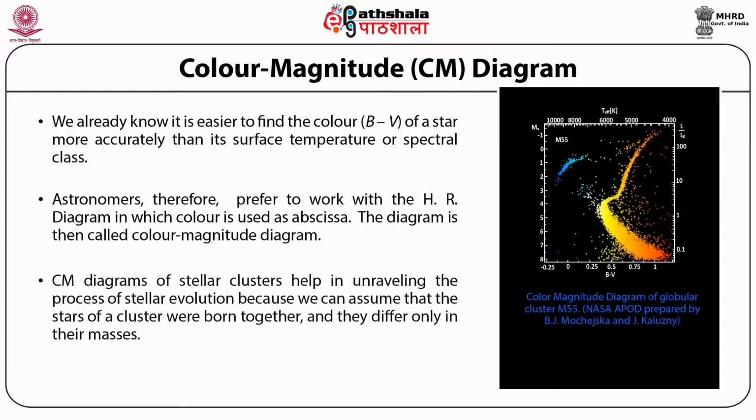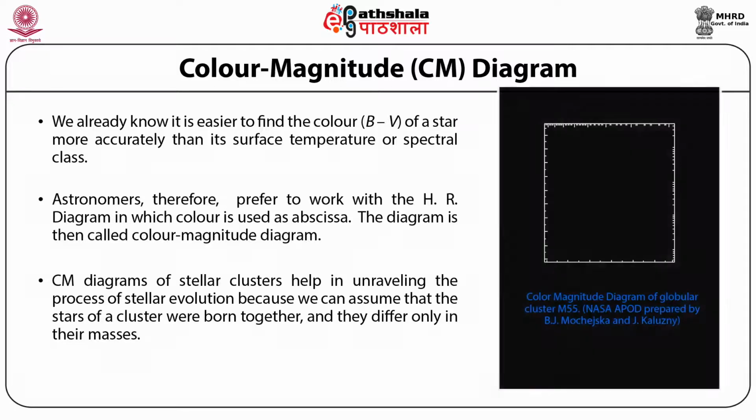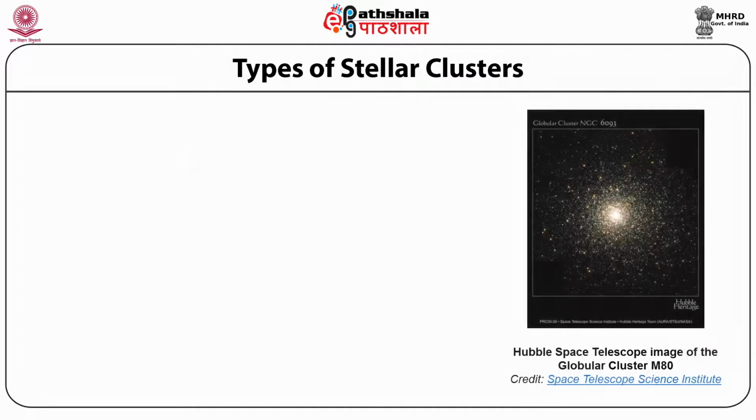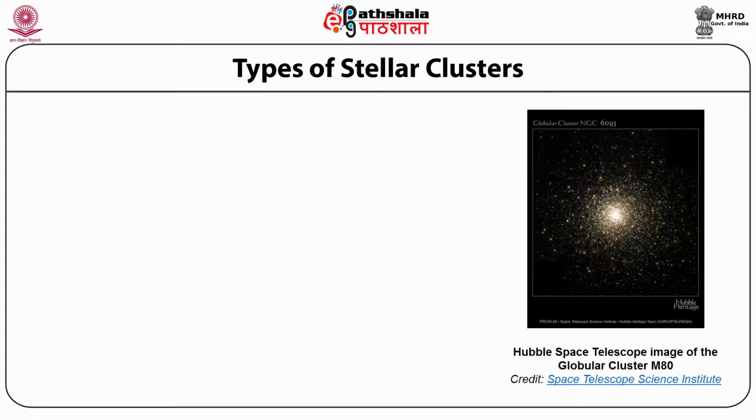CM diagrams of stellar clusters help in unraveling the process of stellar evolution, because we can assume that the stars of a cluster were born together and they differ only in their masses. So students, let us now study the types of stellar clusters.